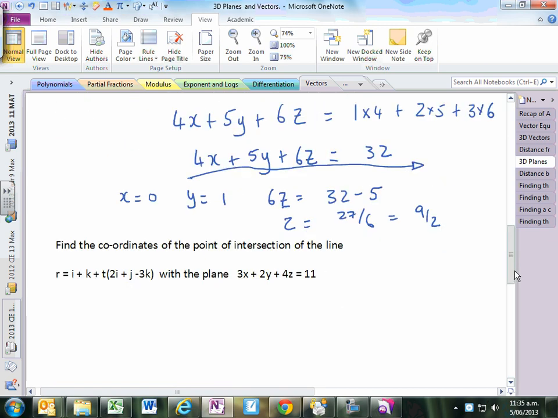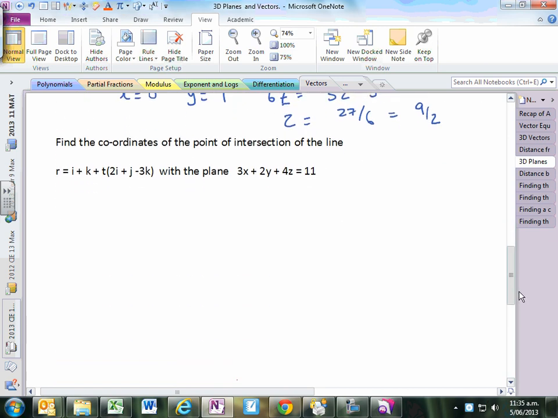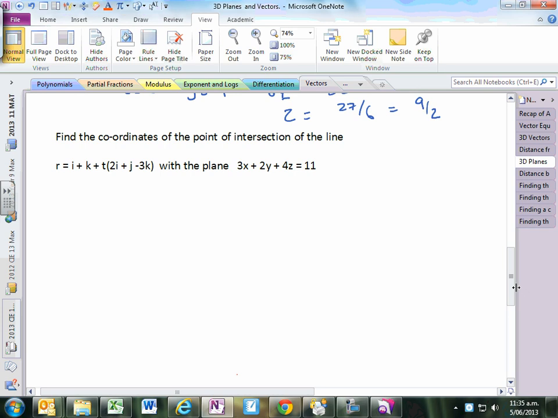Right, let's move on then. Find the coordinates of the point of intersection of the line r equals i plus k plus t(2i plus j minus 3k) with the plane 3x plus 2y plus 4z equals 11. I don't particularly like working with equations of lines in that format.